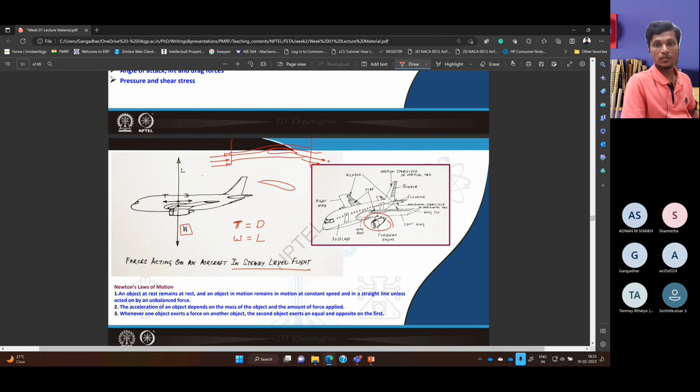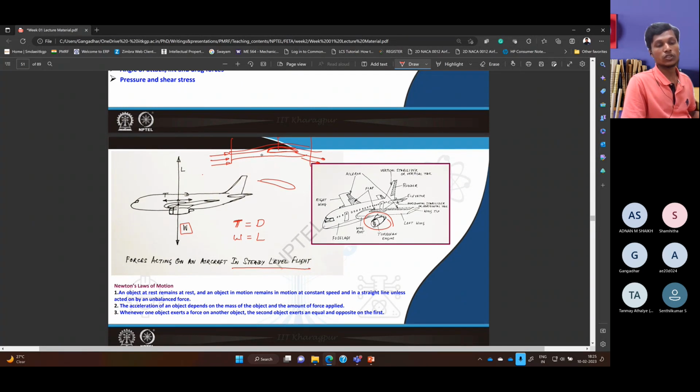This turn of the flow requires some kind of momentum exchange. That momentum exchange creates some pressure distribution, or force generation on the airfoil, that will give you some component of force in the upward direction. That lift force should be sufficient to balance your weight.